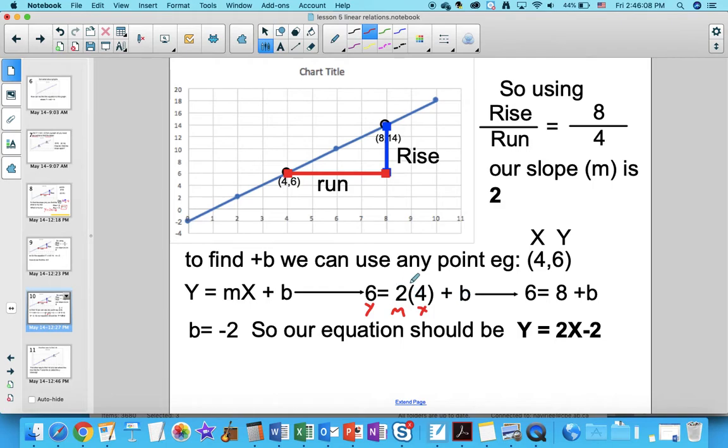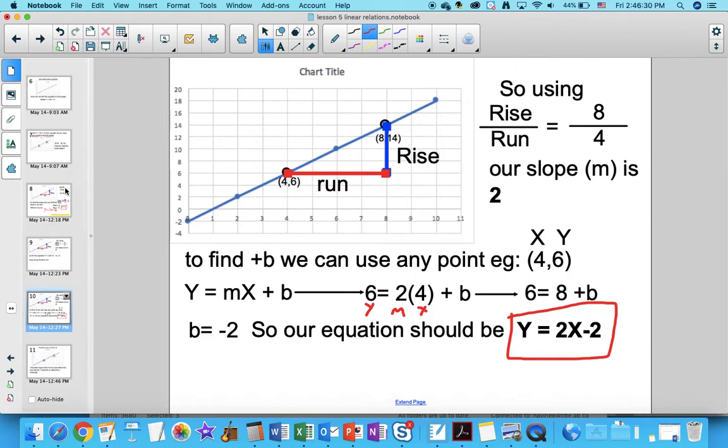Well, BEDMAS, 2 times 4 is 8. So 6 equals 8 plus b. Well, to add something to 8 to make it 6, you'd have to add -2 or take away 2. So you could write the equation as y equals 2x minus 2, just like before.